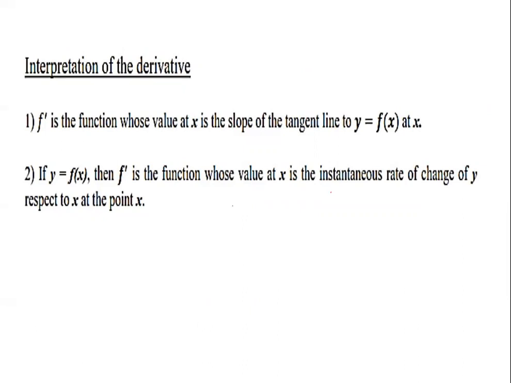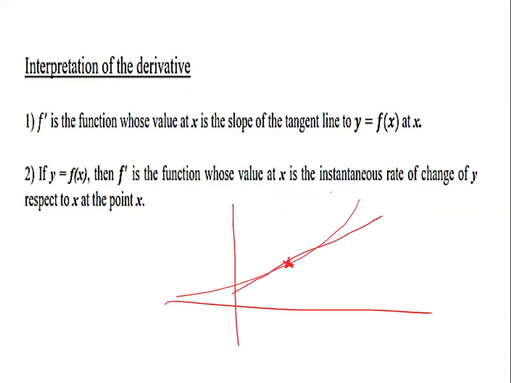It's saying that if you have a curve and you found the derivative at this point, the derivative here is really equal to the gradient of the tangent. You see the problem drawing tangents, right? It's the gradient of the tangent at that point.